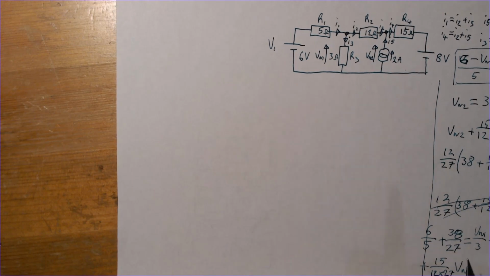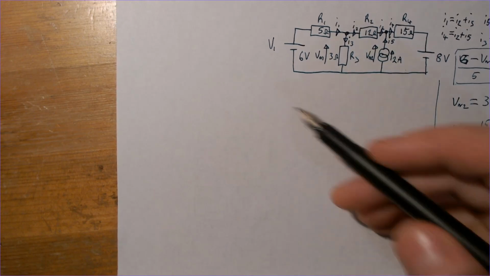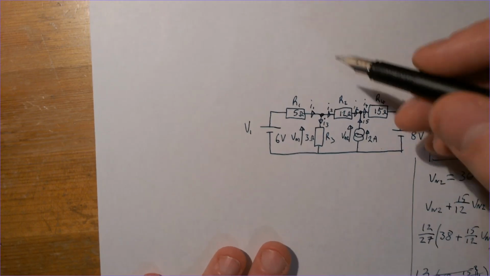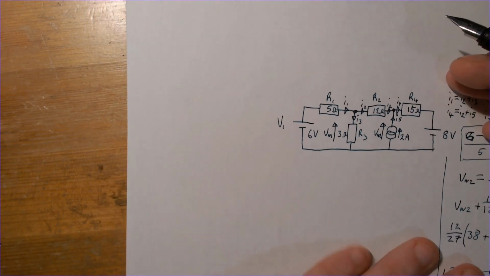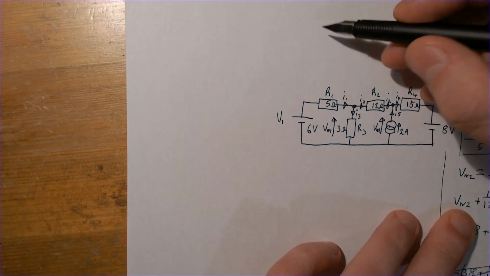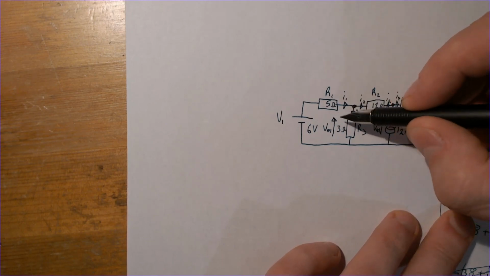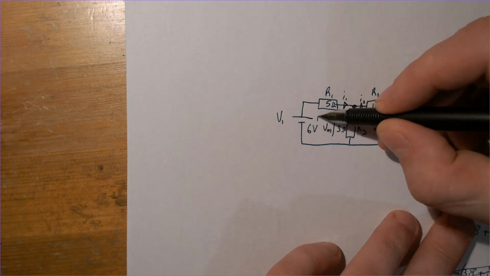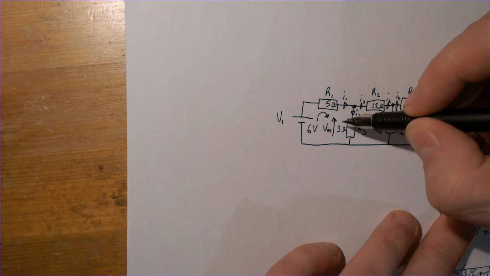loop analysis. I'll do superposition last. So that's about right. Let's make some loops. So let's take this loop this way and that way.